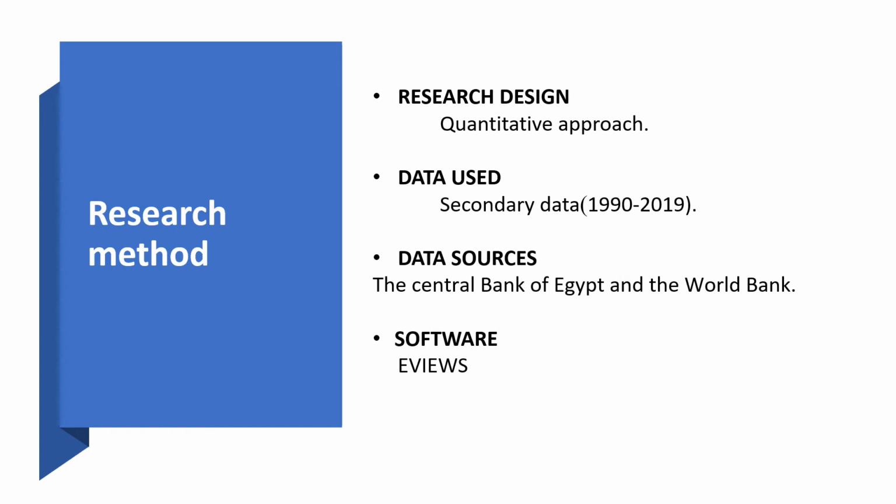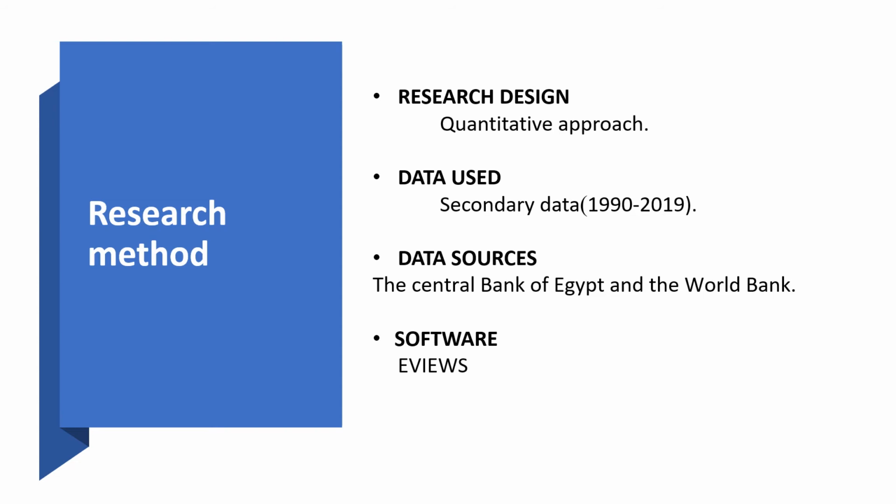Here we move to the research method. As you see, for the research design, we use the quantitative approach, and we use annual secondary data for the period from 1990 to 2019.